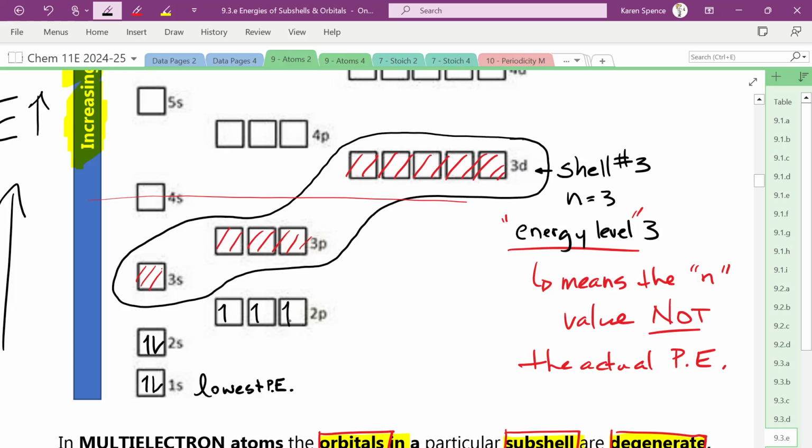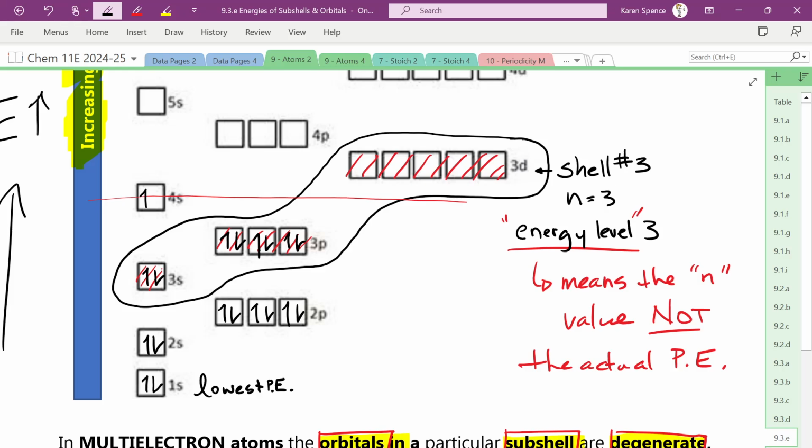So we've got 4, 5, 6, 7, 8, 9, 10 electrons, and then 11, 12, 13, 14, 15, 16, 17, 18, and then 19 goes into the 4s. So that's the order of filling.